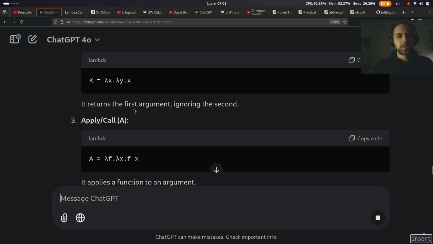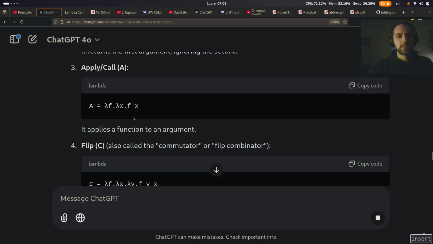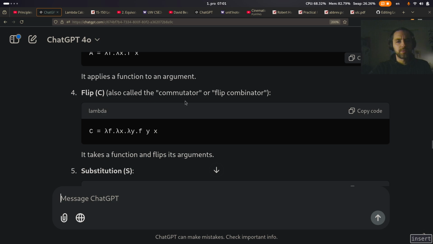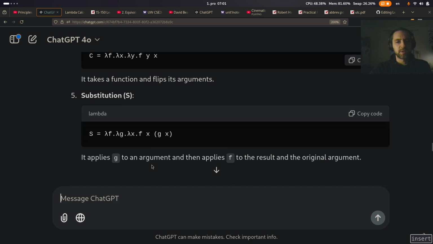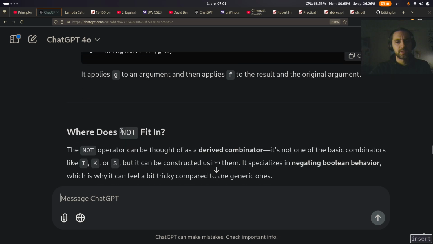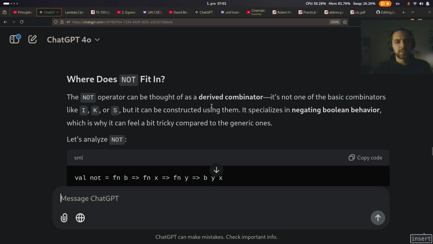Identity, constant, apply: it applies a function to an argument, lambda f, lambda x, f of x. Flip, also called a commutator or flip combinator, takes a function and flips its arguments. Substitution. Not is a derived combinator.